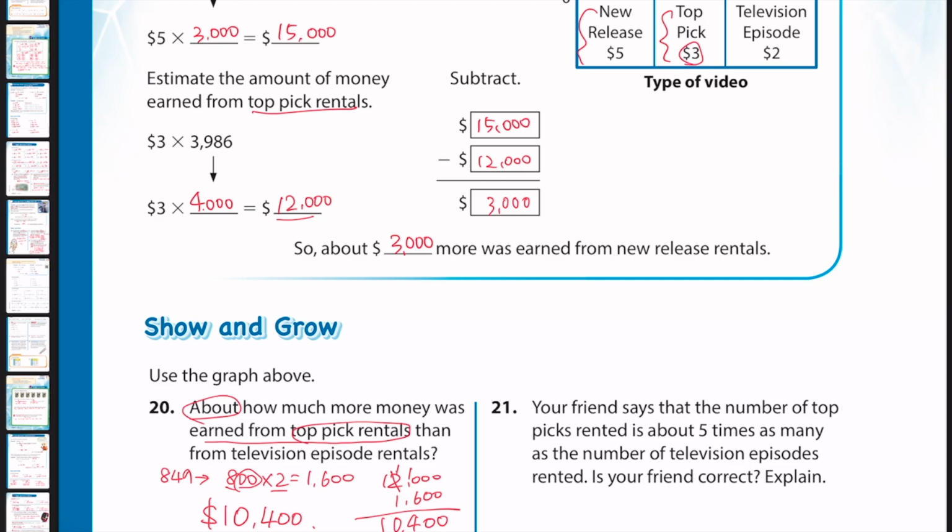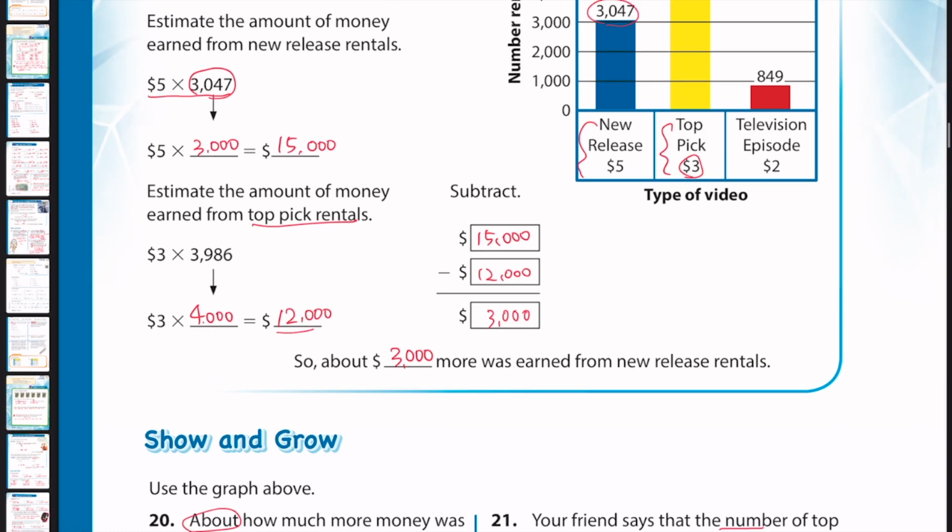Your friend says that the number of top pick rentals is about 5 times as many as the number of television episodes rented. Is your friend correct? Explain. Okay? So we are going to find out this is about 4,000, right? And this is about what? 800.